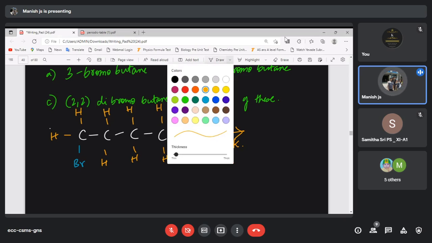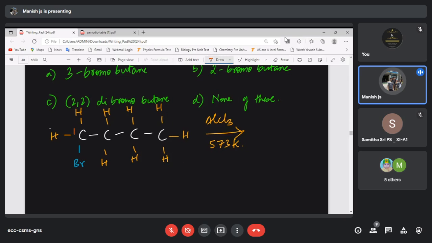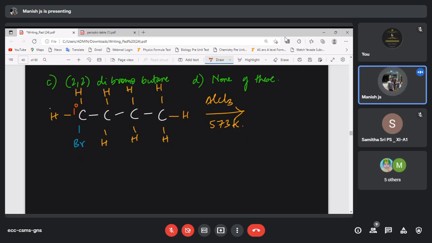Here 1-bromobutane is a primary halide; check. The bromine carbon is attached to only one carbon, so it is a 1-degree carbon. It becomes a secondary when it reacts in the presence of aluminium trichloride. The main idea to always remember in these reactions is that a primary halide or a primary alcohol gets converted to a secondary halide.